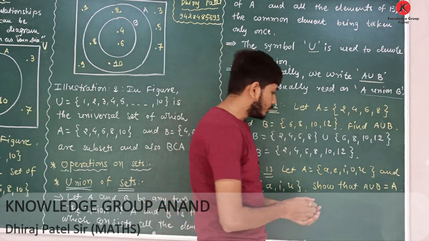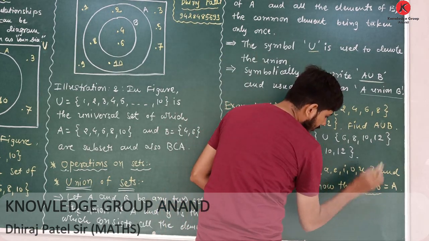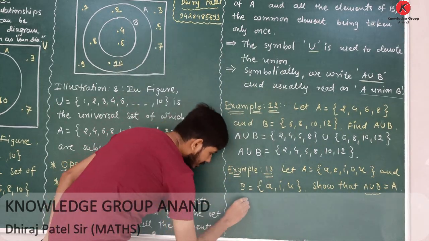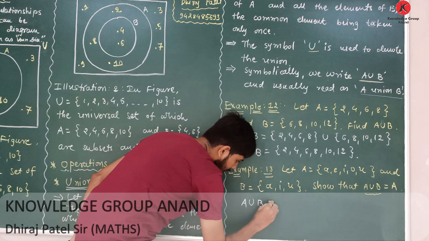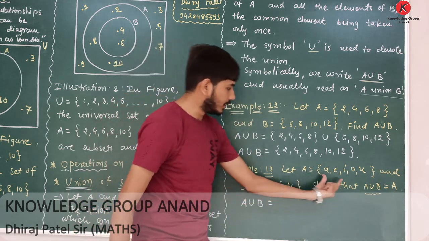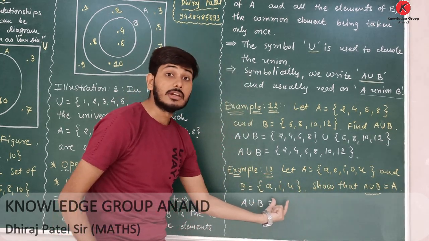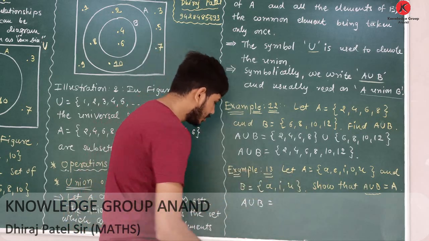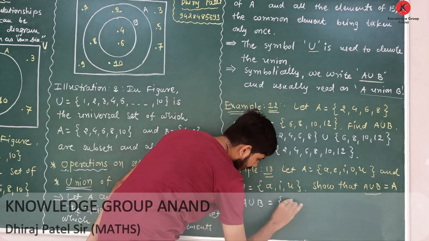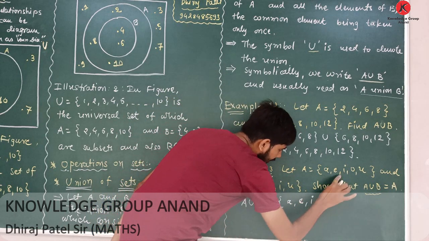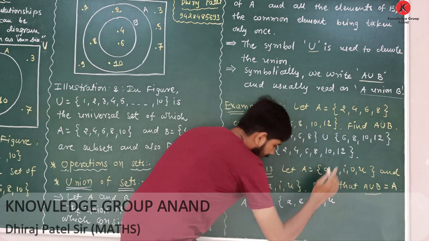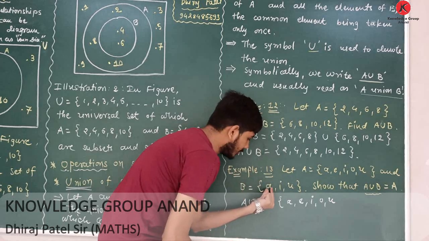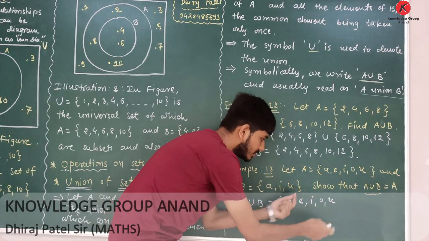So first of all, we have to find A union B. Now what is A union B? It has all the elements of set A as well as set B. So we can write A union B like this: A, E, I, O, U, and write the elements of B only once. A is there, I is there, U is there.